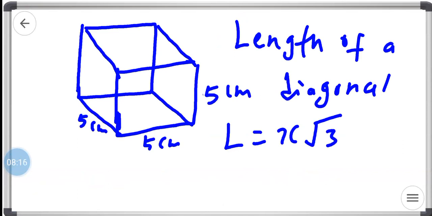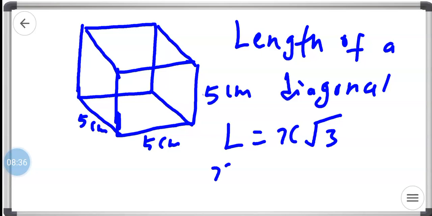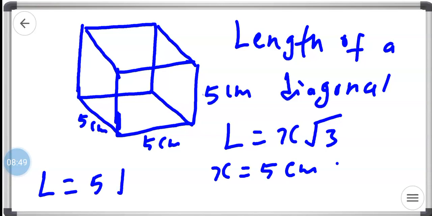And from the question, we're given x to be 5. So my length equals, instead of writing x, I'm writing 5 root 3.